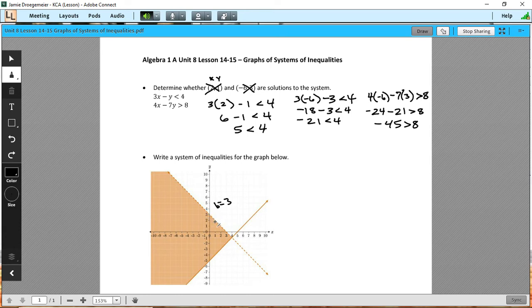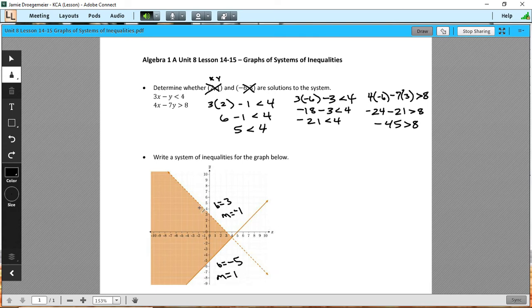It goes down 1 and to the right 1 every time, so it has a slope of negative 1. With our other one here, we have a y-intercept of negative 5. For this one, it goes up 1 and to the right 1 each time, so we would say it has a slope of positive 1.